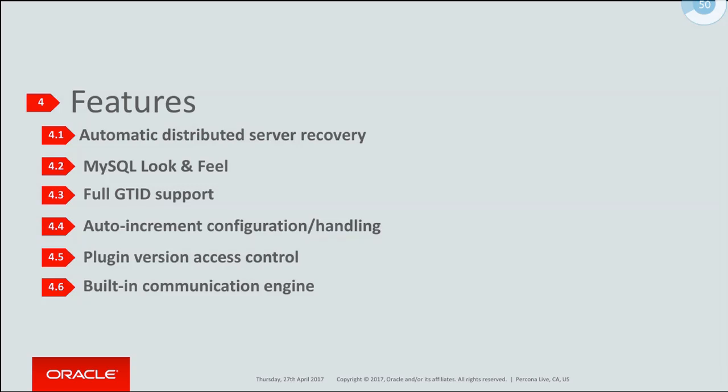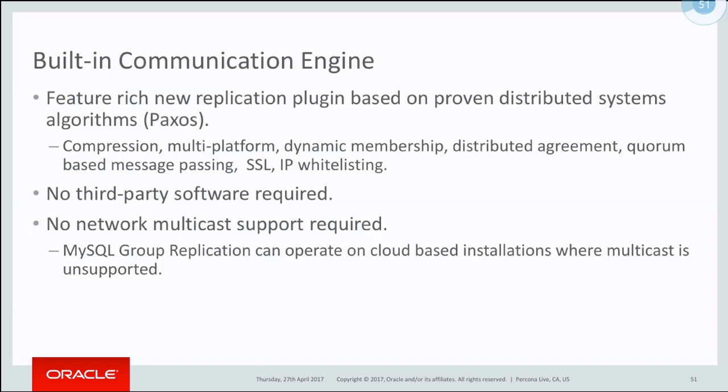Also, we have a full built-in stack made by us. We have a built-in communication engine, which is based on Paxos. It has compression already implemented. It supports multiple platforms: Windows, Solaris, Linux. Wherever MySQL is supported, we support. It has dynamic membership, distributed agreement, quorum-based message passing, SSL, and IP whitelisting. All of this comes out of the box.